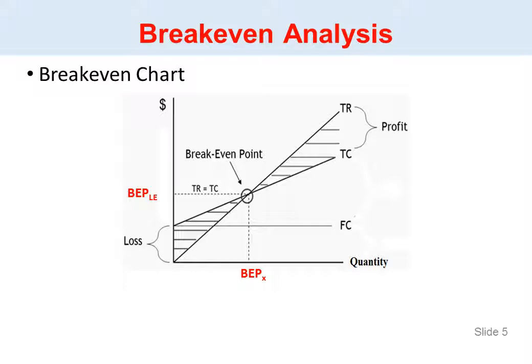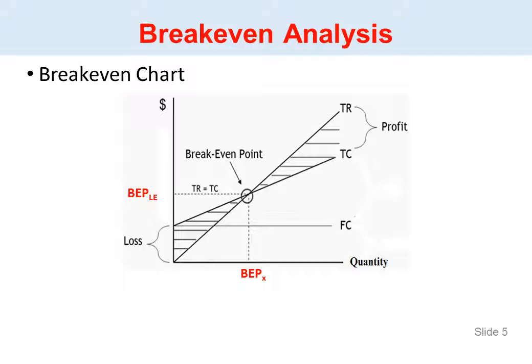The revenue comes from selling the units. It is the selling price multiplied by the units sold. It is the other line, starting from the origin and going upward. It is TR. The intersection between them is the break-even point, the point at which total revenue is exactly equal to total cost, which contains two items, fixed cost and total variable cost.